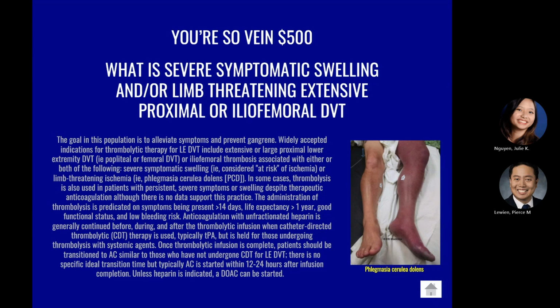But if they're planning for other systemic fibrinolytic or thrombolytic agents, then you might have to pause that. For anticoagulation, you continue throughout. Pre-thrombolytic therapy, during, and post, you continue the anticoagulation.